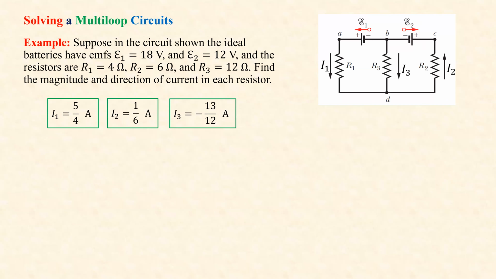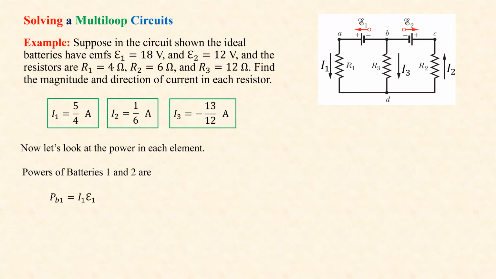All right, now we want to look at what happens to the energy. Remember, we said that conservation of energy should hold. Now power in each element. Power of battery 1 is I1, because the current going through this battery is I1, times E1. So that is 5 over 4 times 18.